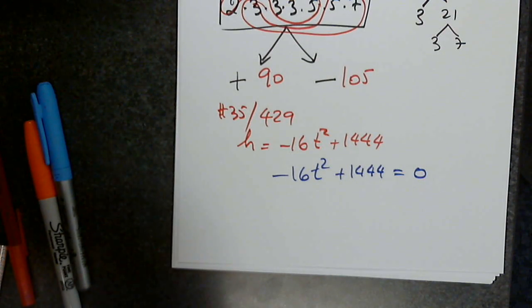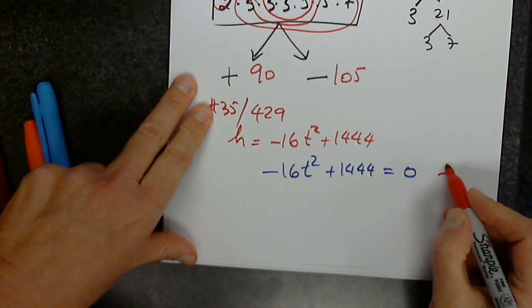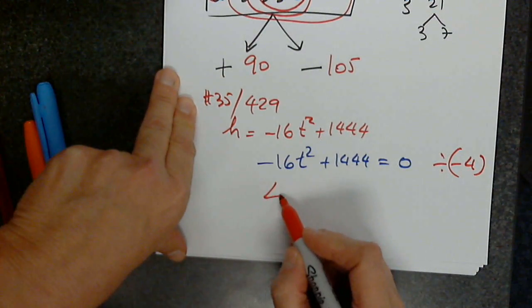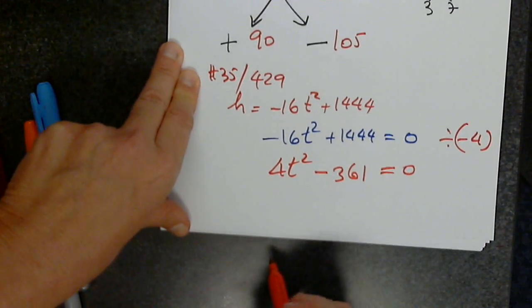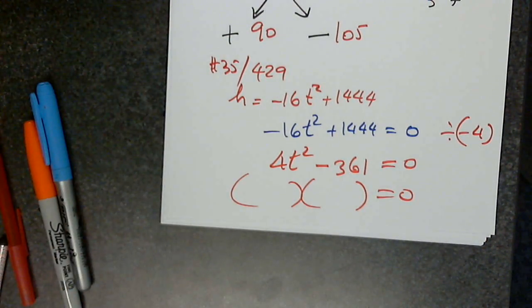So 1444 divided by 4 is 361. So I will divide both sides by negative 4 to make it easier. So then I have 4t squared minus 361 equals 0. And now I'm capable of factoring that.